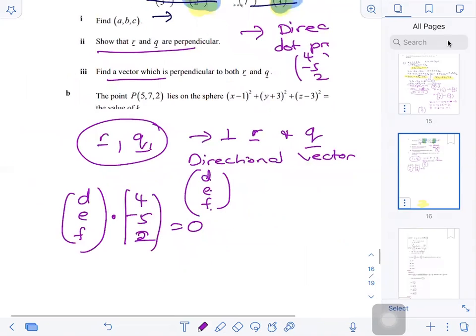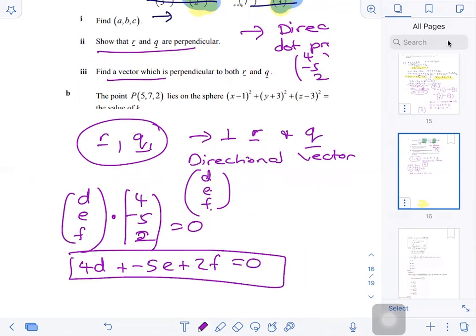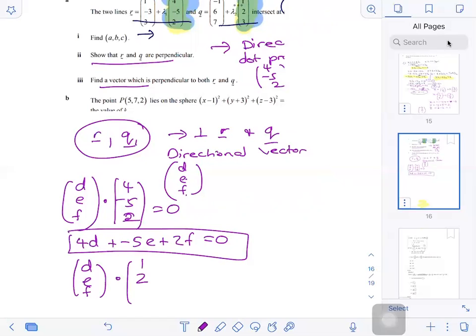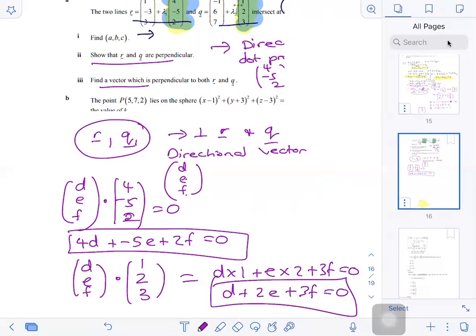So that'll form one equation. So 4D plus minus 5E plus 2F equals 0. That's one equation. And then if you get D, E, F again, and you dot that with the other directional vector, 1, 2, 3, you get D times 1 plus E times 2 plus 3F equals 0. So D plus 2E plus 3F equals 0.